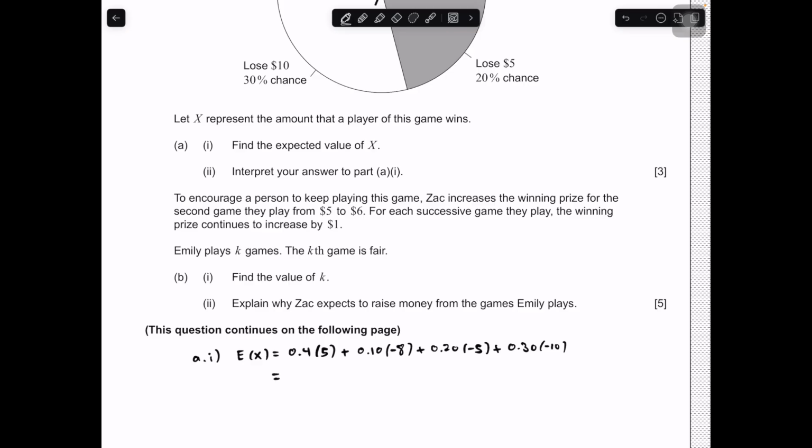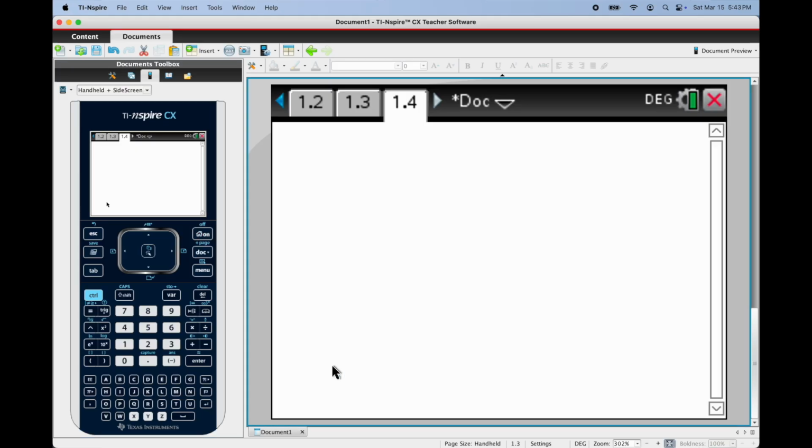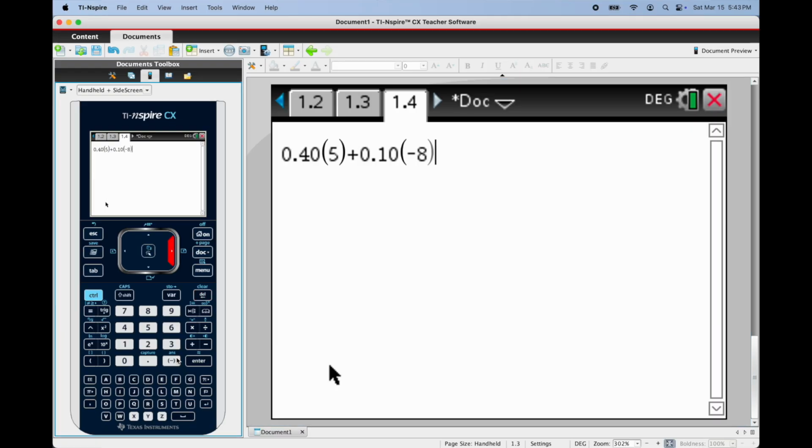So I'm going to work this out on the calculator, clear the screen here, and write this out. So 0.40 times 5 plus 0.10 times negative 8. I think I have to use the different negative right here, negative 8.